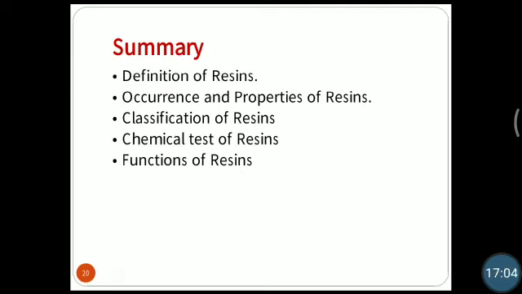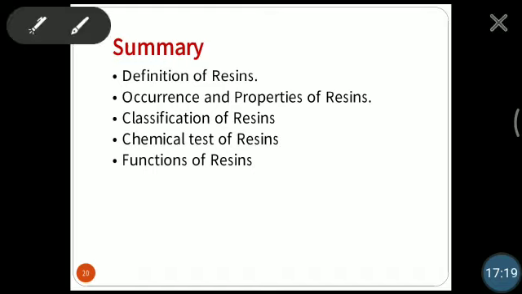There it is classified into 4 basic types, which we have discussed in detail, and chemical tests for identification of resins, and function of resin or resin used in the treatment of humans. What are the applications of the resin in the treatment of humans, that we have seen. Resins are the excretory product of the plant.